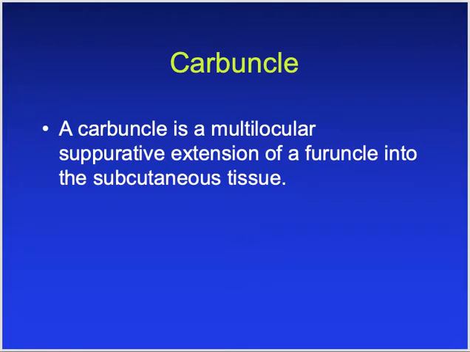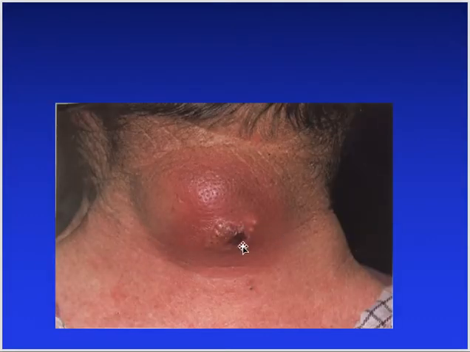You can see from this example. Now this is not just a furuncle, rather it's a carbuncle, because this one is multilocular. There are small areas of pus formation, and it has spread into the subcutaneous tissue. This is called carbuncle.